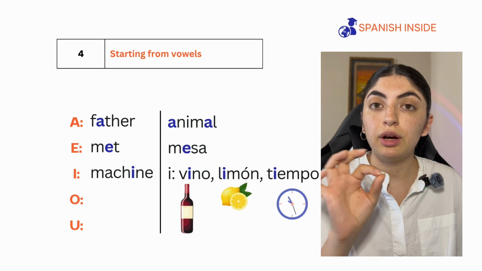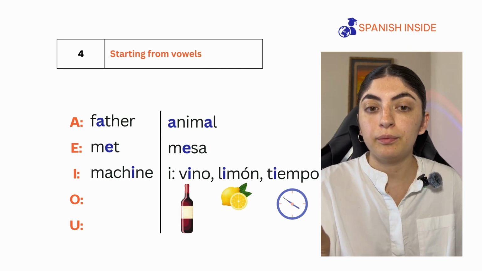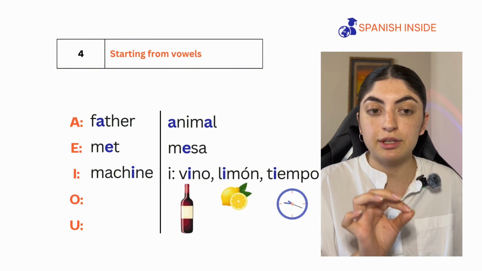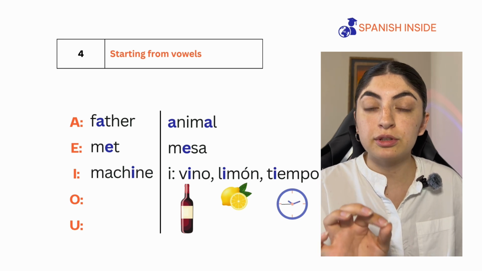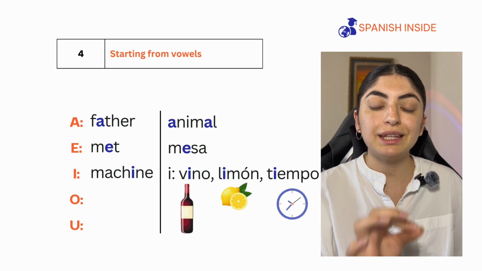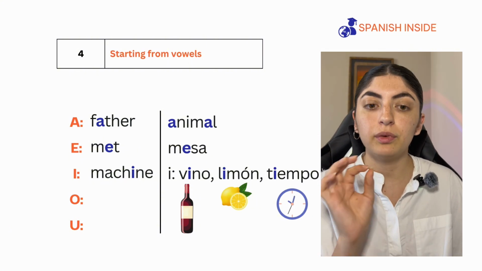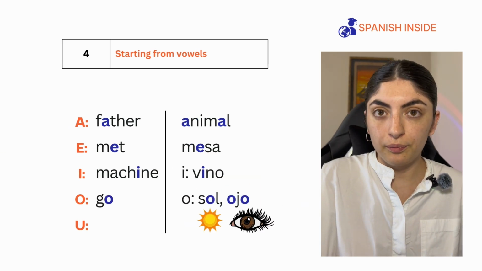Limón, limón. Tiempo, tiempo. Here you have a combination of vowels with I and E. We pronounce both of them. Tiempo, not tiempo. Okay? Very good. Next.